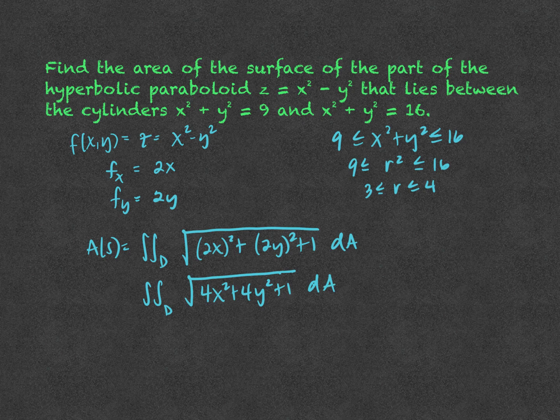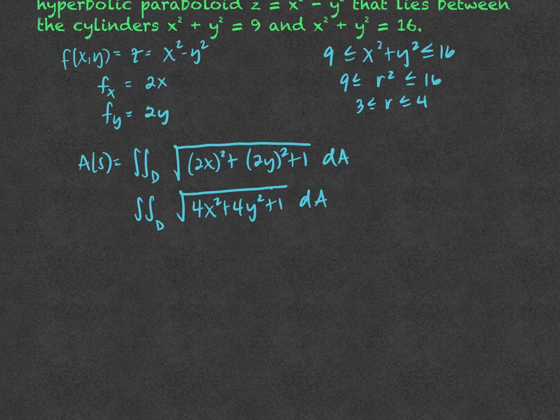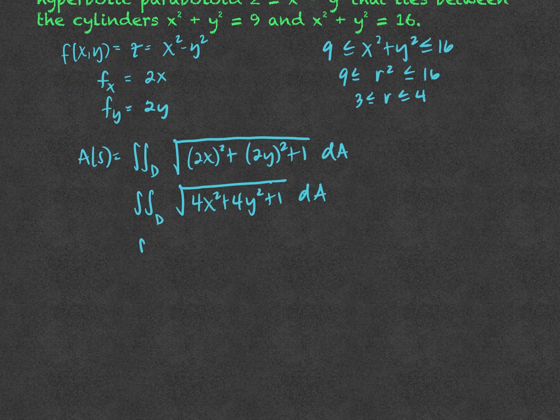Now I'm going to go ahead and do my double integral, and I'm going to say the square root of 4r squared plus 1, so that means we have r dr d theta, and r is from 3 to 4, and theta is from 0 to 2 pi.